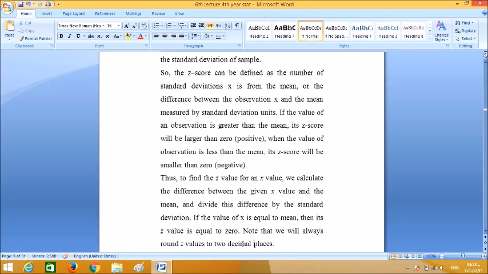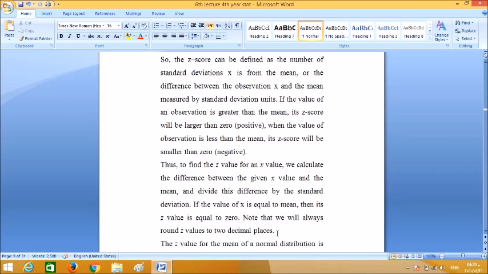Note that we will always round z values to 2 decimal places, as the table of the standard normal distribution gives z with only 2 decimal points, as we did before.